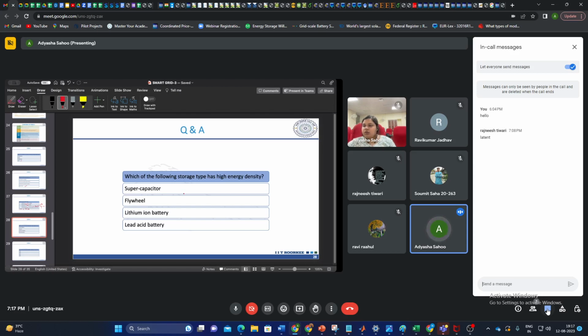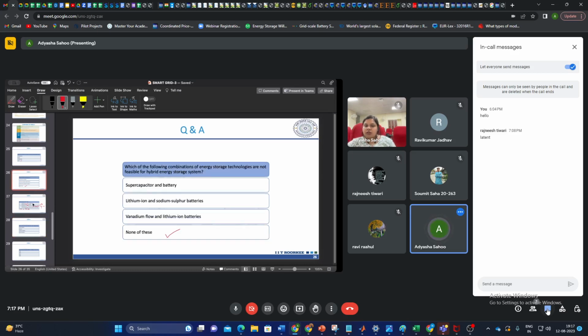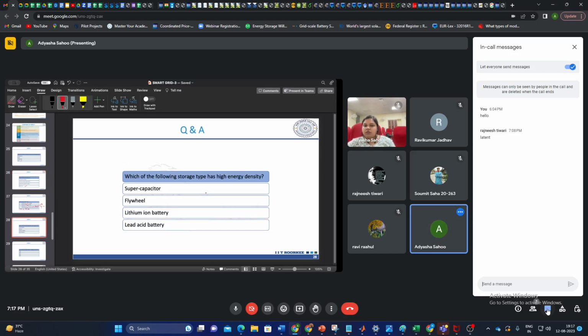The next question is, which of the following storage types has high energy density? I think in the previous one we discussed this. Can anyone of you answer this?